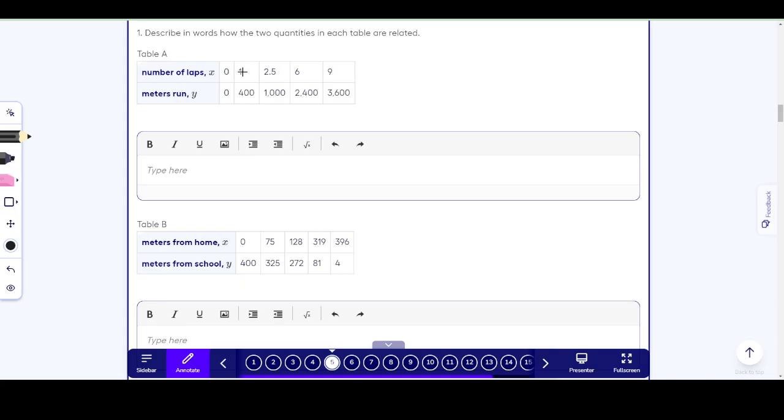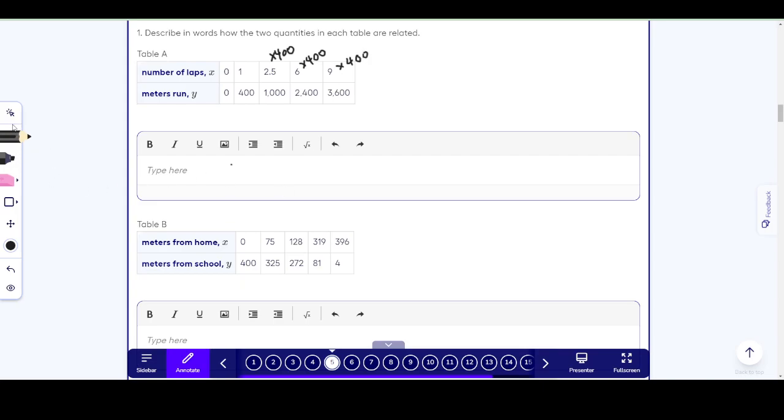So we're looking at every lap you get another 400. So another 400 every time. So it looks like we're just doing 1 times 400, 2.5 times 400, which I think is right. So it looks like 2.5 times 400 gives me 1,000. Also, here's 6 times 400, which will give me that if I plug it into the calculator. And this times 400 will give me this.